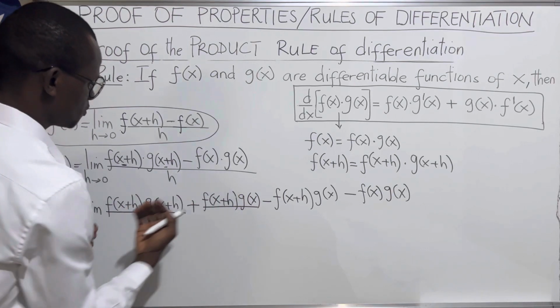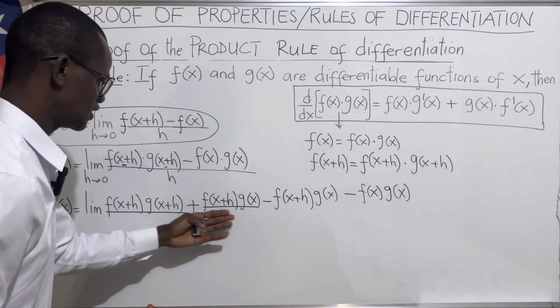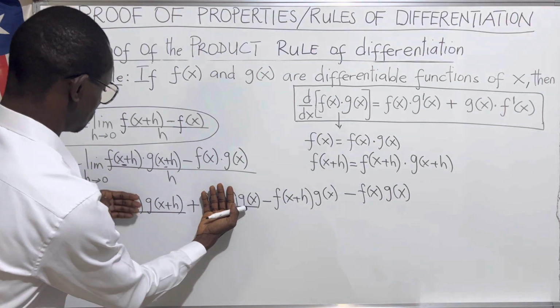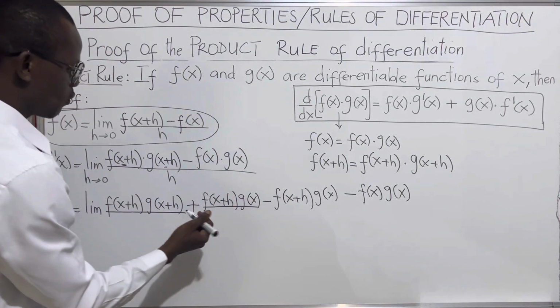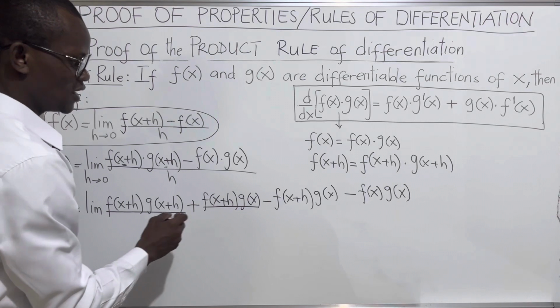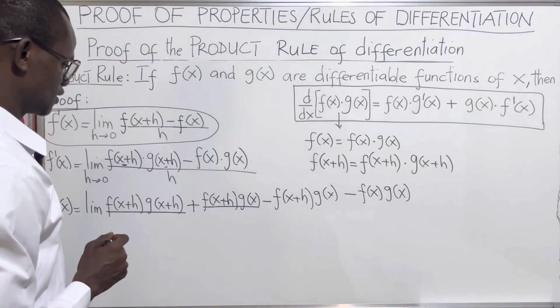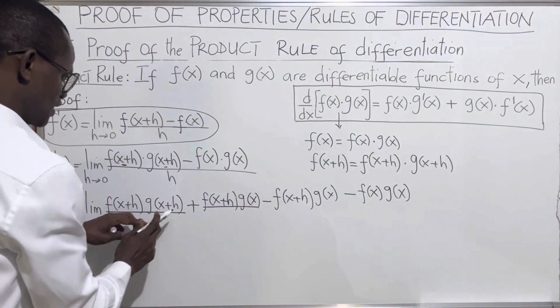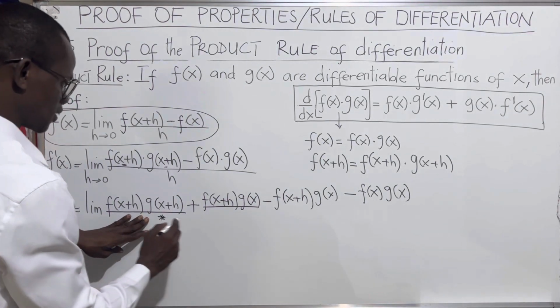But notice something now. If I take this and this, I will not have a negative within the middle. There will be no negative within the middle. But what if I take this first term and this one?